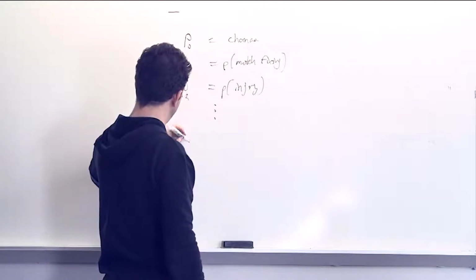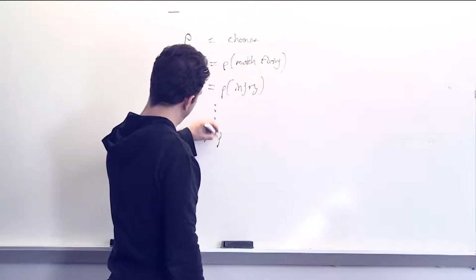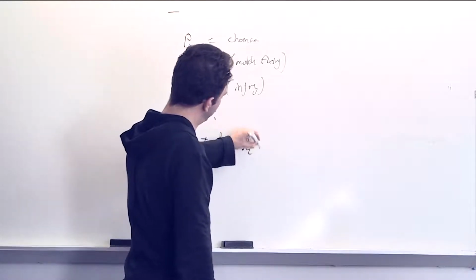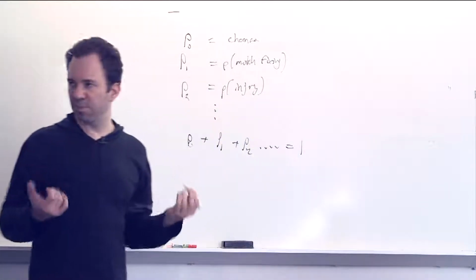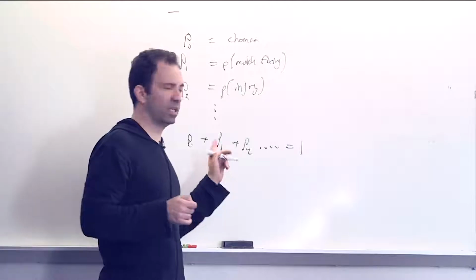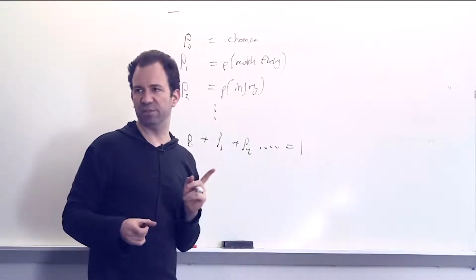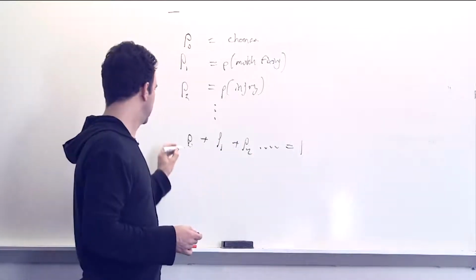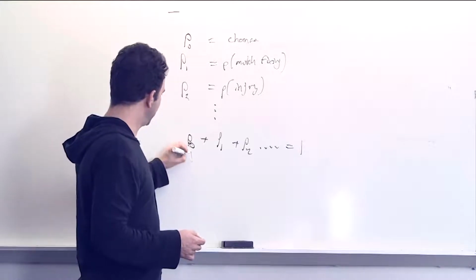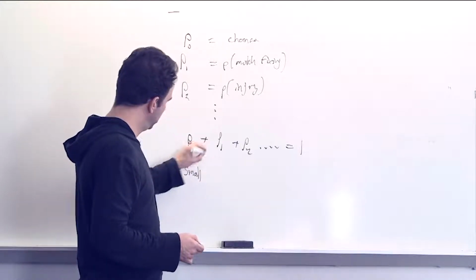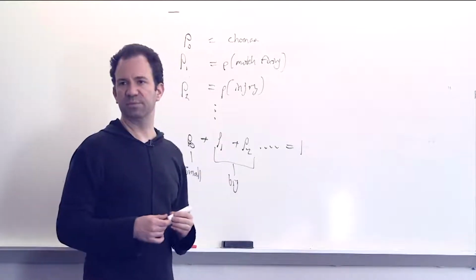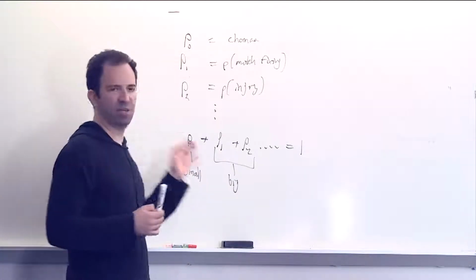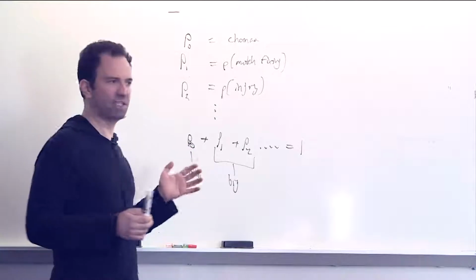We know that P0 plus P1 plus P2 plus all of the other possibilities equals 1. That's an axiom of probability. If we could list out every possible option, they have to sum to 1. So if this is very small, then these have to be big. Okay? So the structure of the argument does make sense formally.